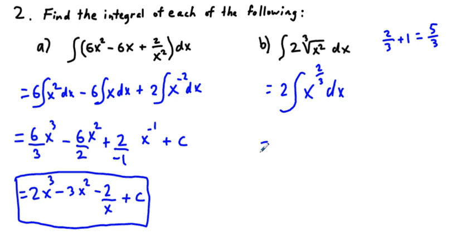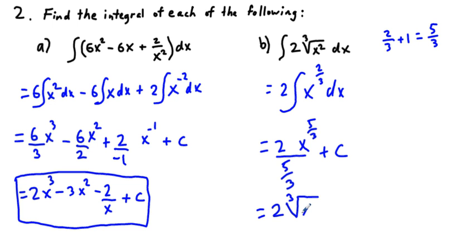So our answer is going to be 2x to the 5/3 divided by 5/3 plus c. And we can rewrite this. 2 x to the 5/3 is going to be cube root of x to the 5th.